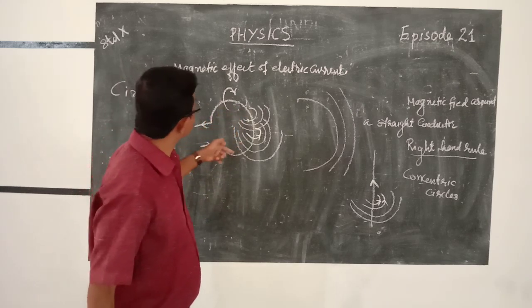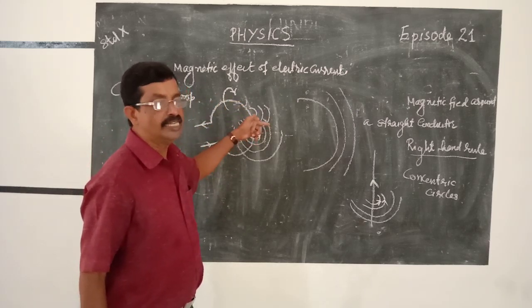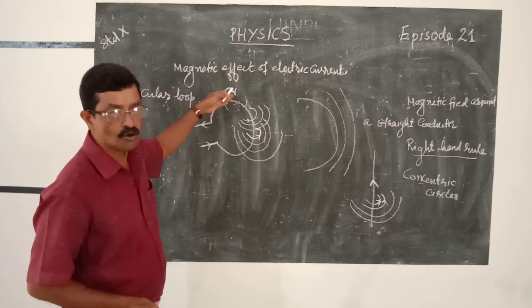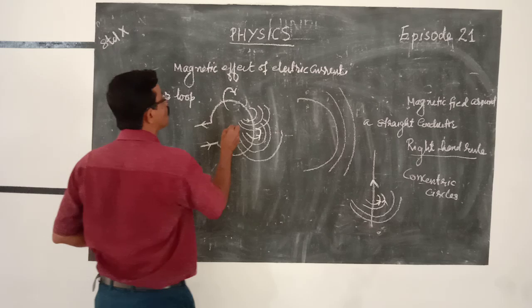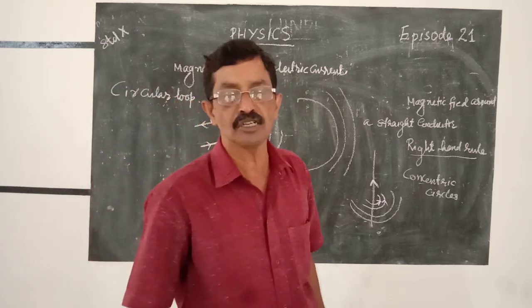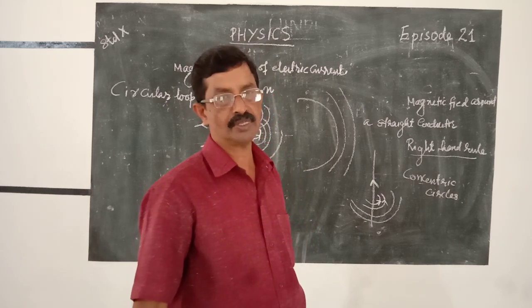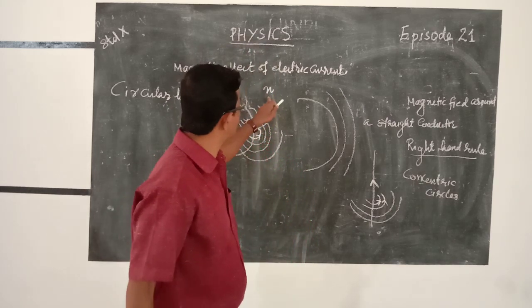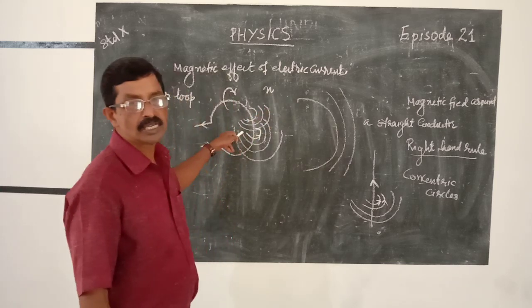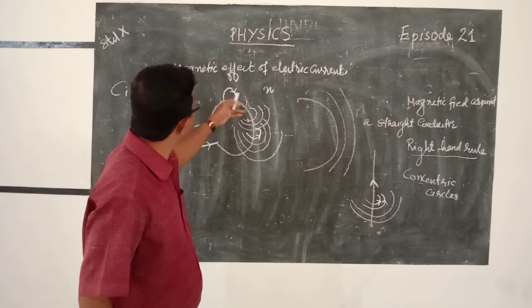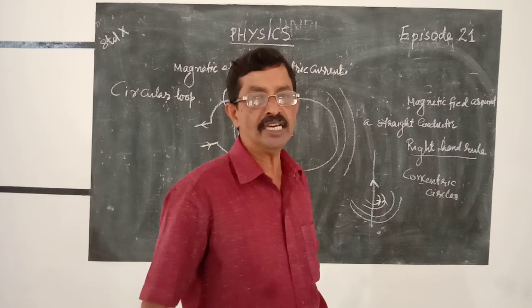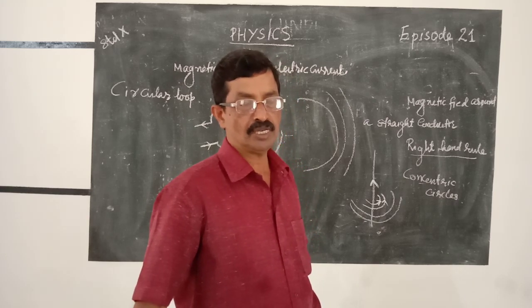If there are n turns in this loop, then the magnetic field produced becomes n times that of a single loop.